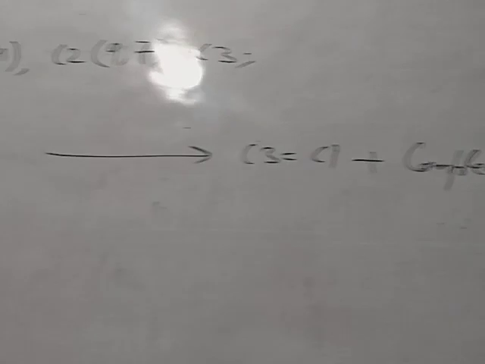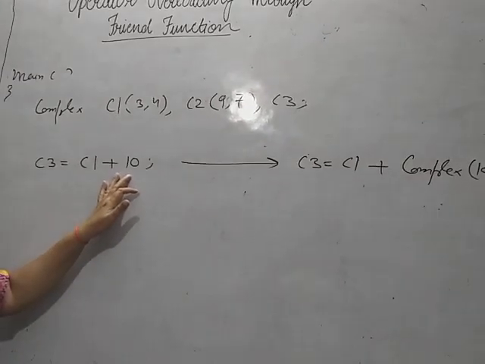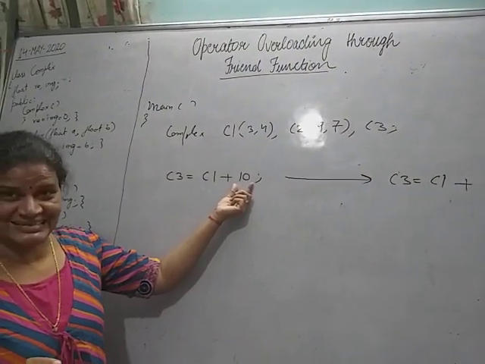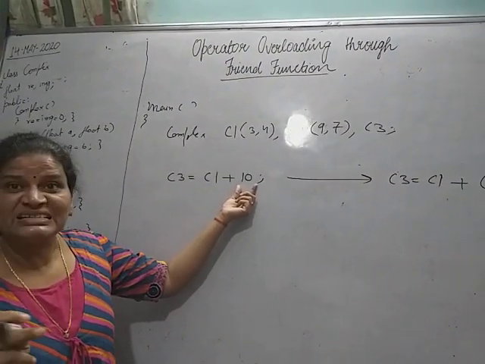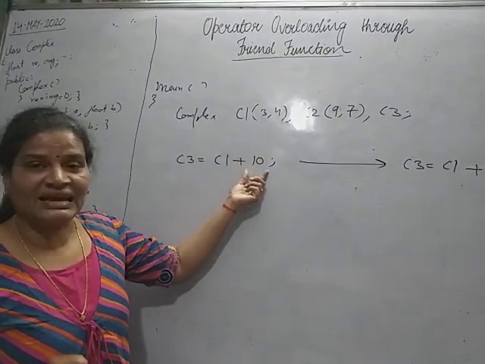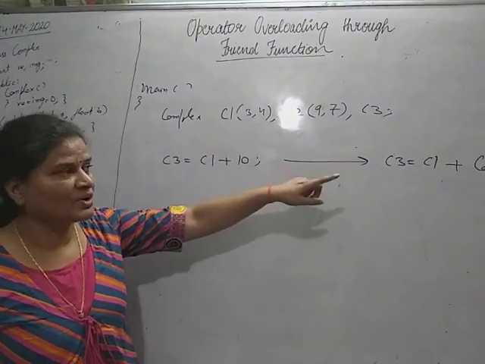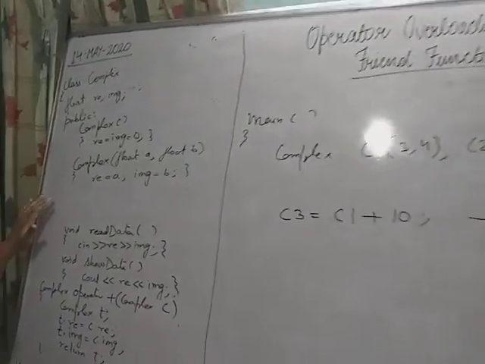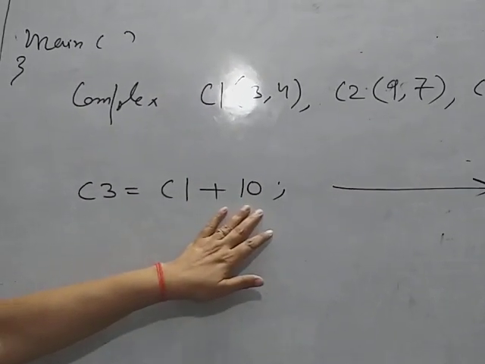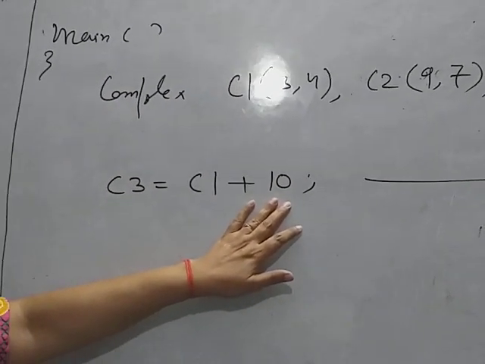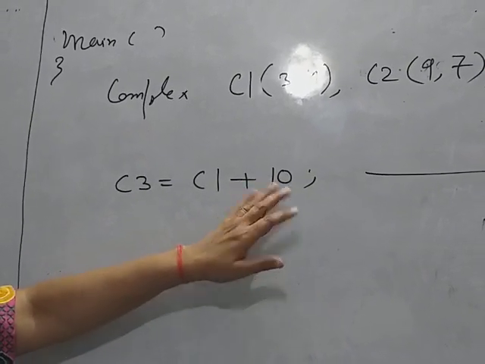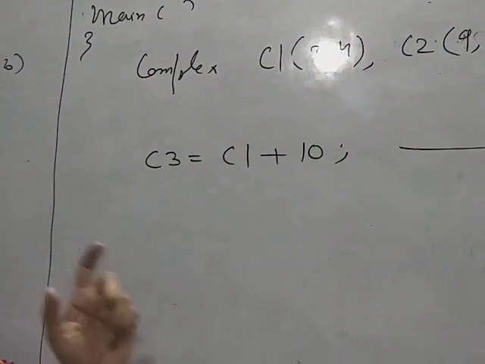Carefully see here. The compiler automatically calls the one argument constructor to convert the basic data type into a complex class object, and it creates a nameless object. So here the basic data type is converted into the user defined data type, and I am doing this with the help of a one argument constructor.